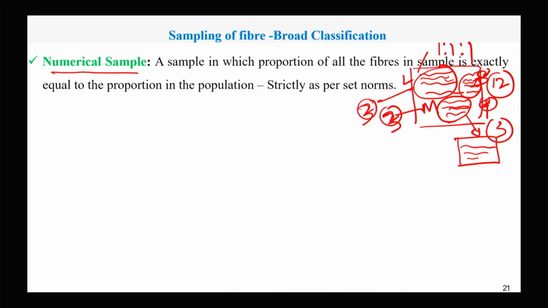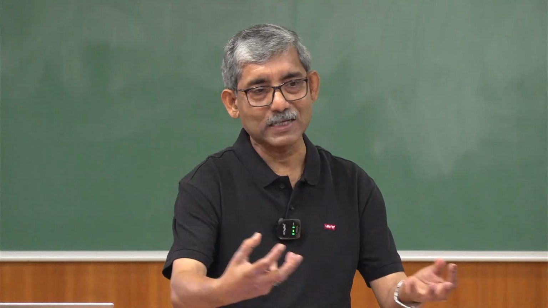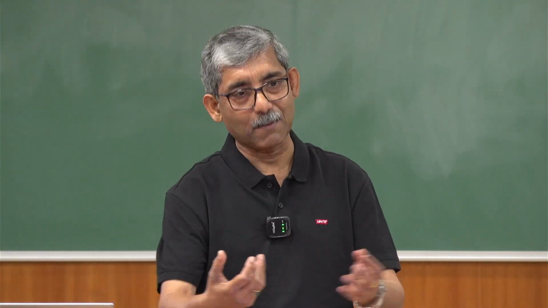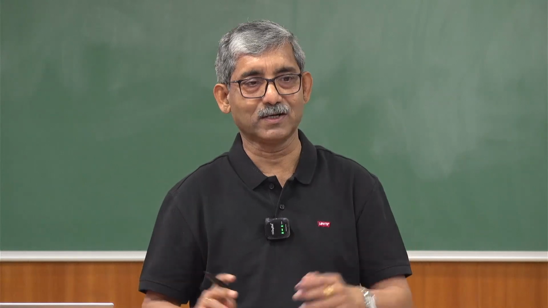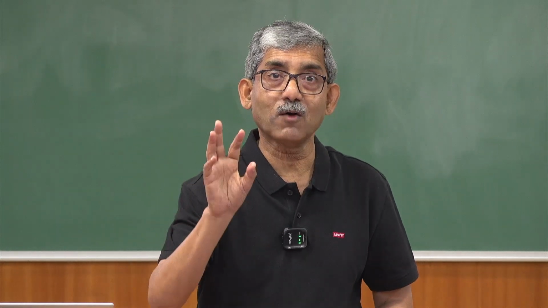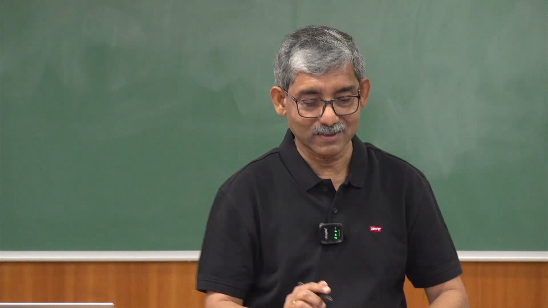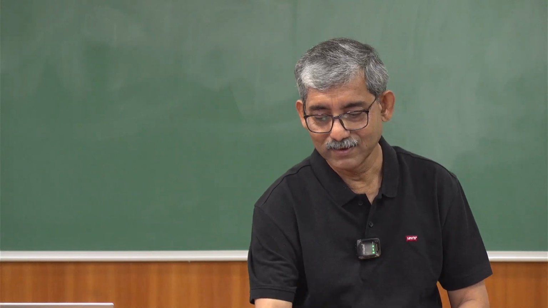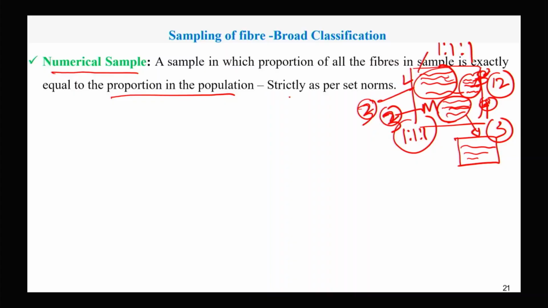So again the proportion of the remaining fibers will be 1:1:1. That means when we are taking out the specimen or the sample out of the population, the proportion of the population remains the same. So that is strictly the meaning of numerical sampling.